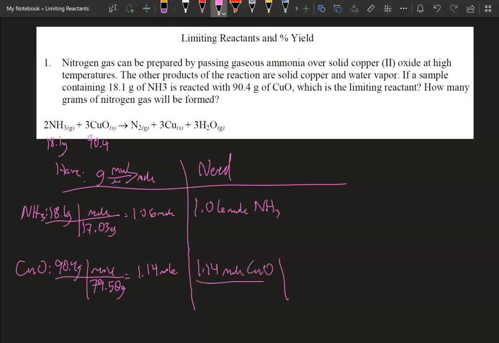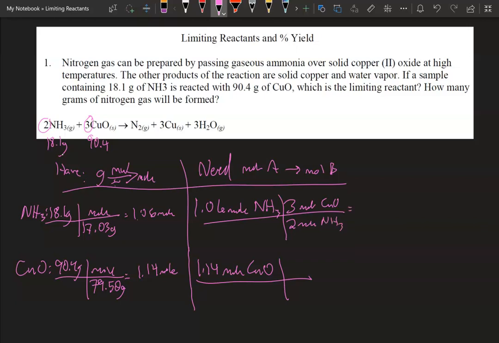Now in this part we're comparing the NH3 to the CuO, the reactants specifically, so we're going to use the mole ratio. Looking at the stoichiometry up here, it's 3 to 2: 3 moles of CuO to 2 moles of NH3.